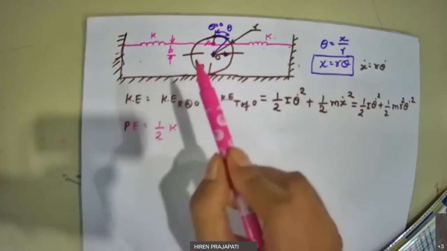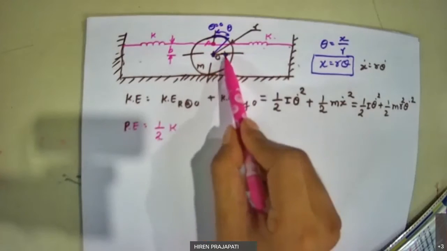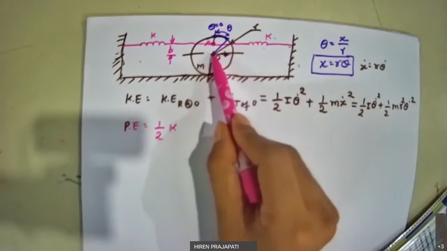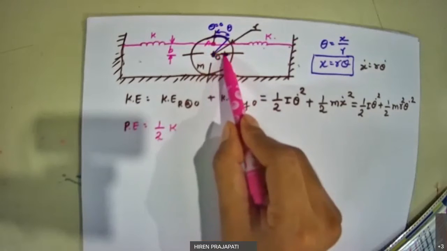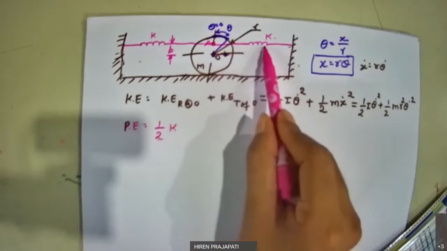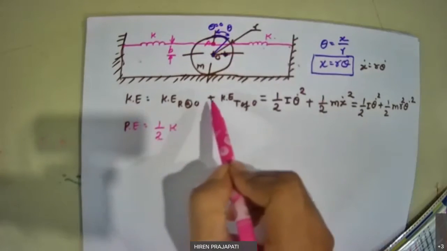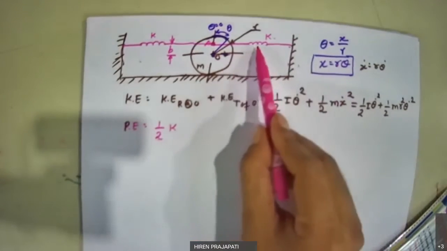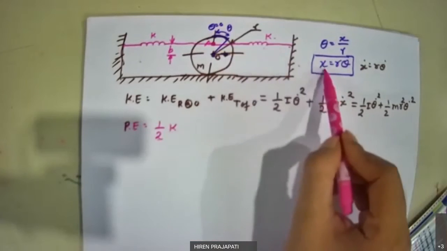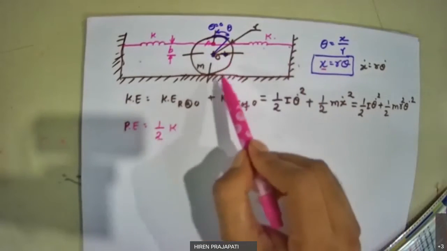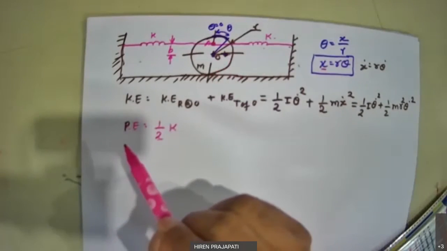If you recall our previous problem, the spring was connected at the center of the disk. So whatever the translation of center x, that same is the deflection of the spring. So we have written 1/2 kx square, but here the deflection of the spring is not equal to x. That will be more than x. Why?